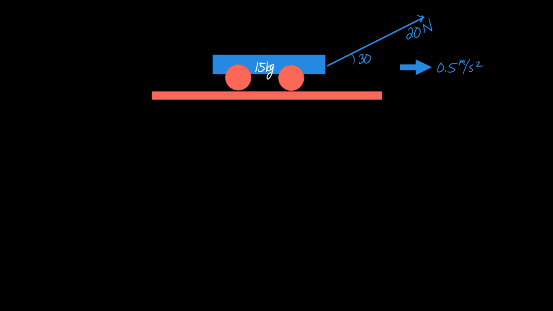And how much normal force might be acting on the wagon? So again, the kid's pulling with 20 newtons, angle 30 degrees, wagon accelerates 0.5 meters per second squared. Can you figure out how much resistive force is acting on the wagon, how much normal force is acting on the wagon?